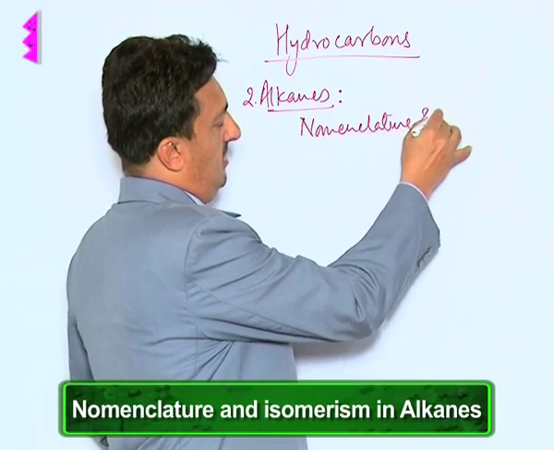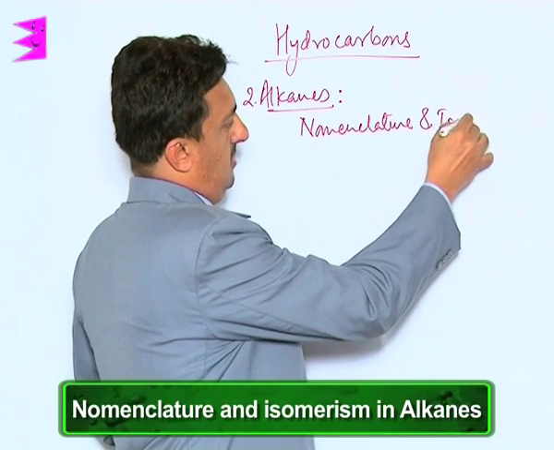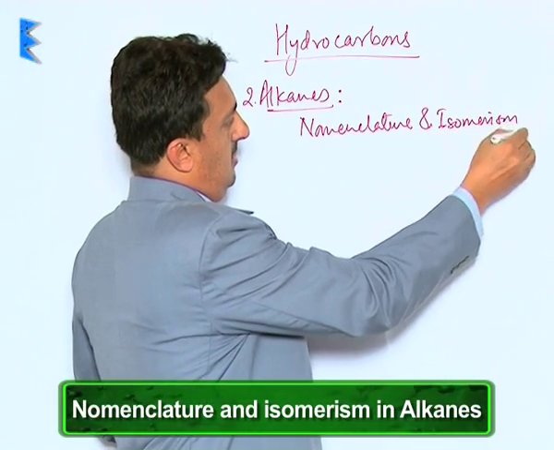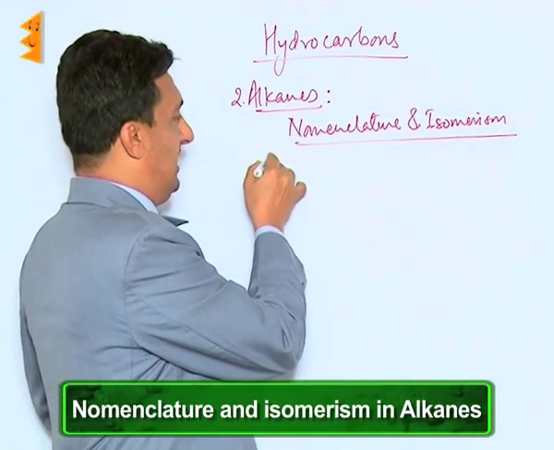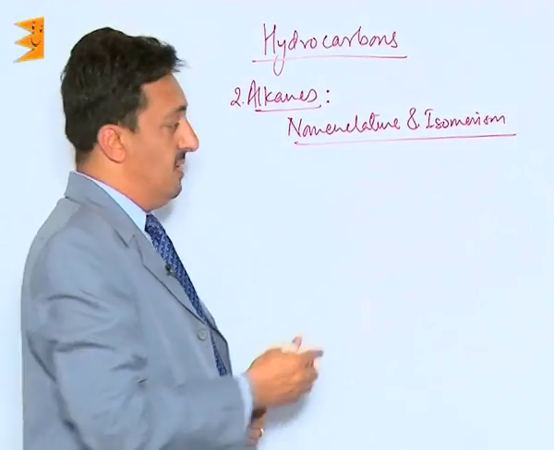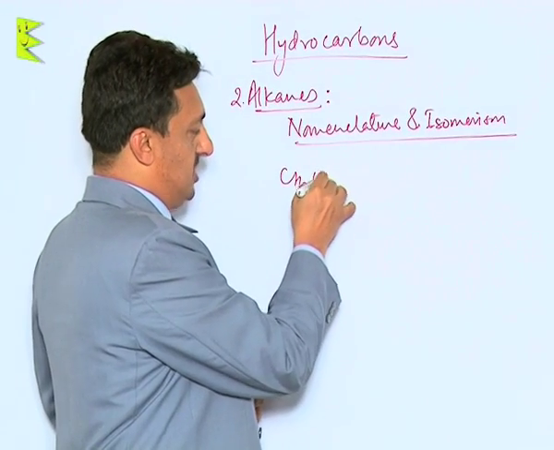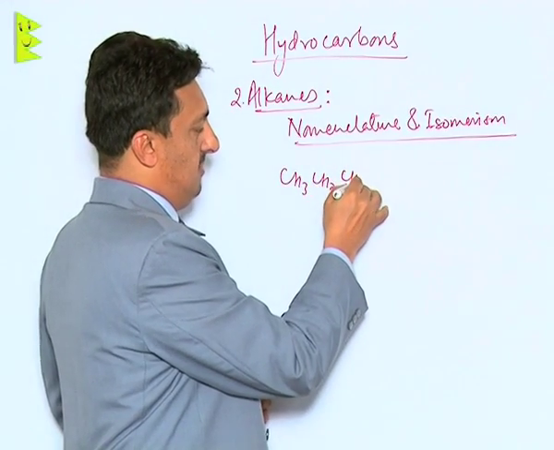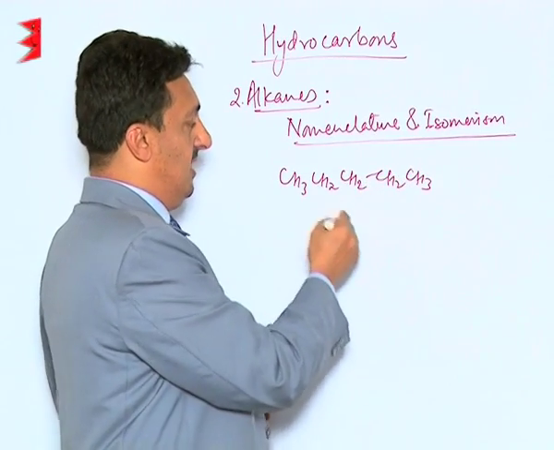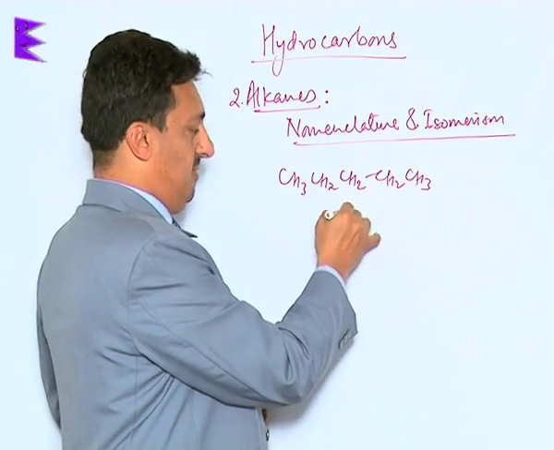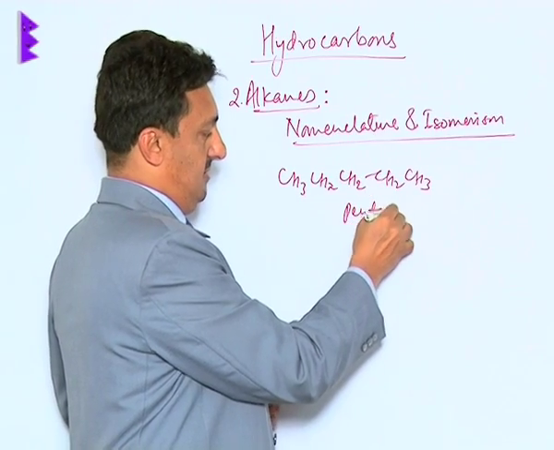Nomenclature and isomerism in alkanes. We know that we call alkanes with a simple name, alkanes only. We know that they can have a long chain of the carbon-carbon single bond. Like if we have, suppose, this hydrocarbon alkane, since it contains 5 carbon, we will call it pentane.